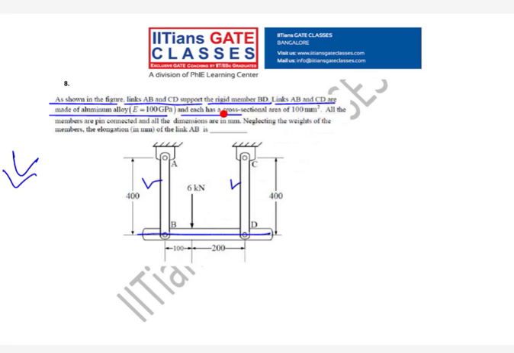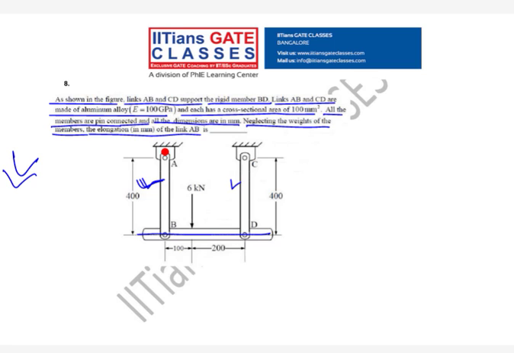Each has a cross-sectional area of 100 mm square. All the members are pin connected and all the dimensions are in mm. Neglecting the weight of the member, the elongation of the link AB is? They asked for the elongation in link AB.